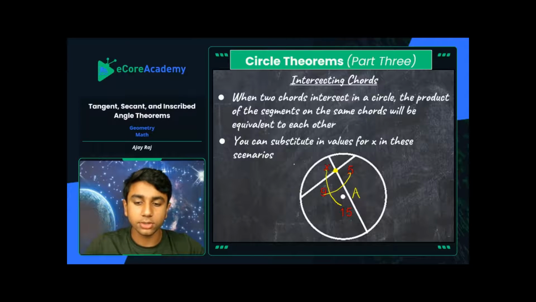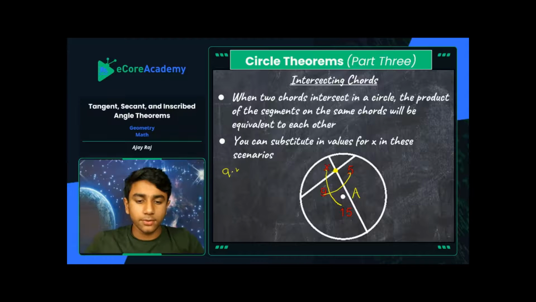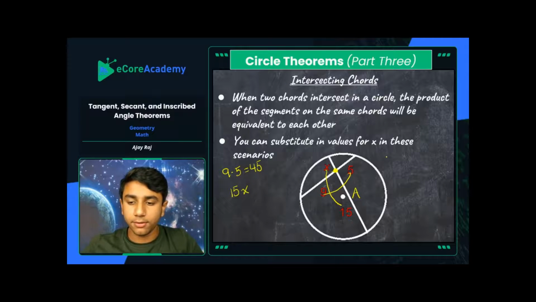So let's do that here. Since we have a variable, obviously we're going to be solving for x. We have 9 times 5, which equals 45. And then we have 15x. So those are the two multiplication sequences here. Now that we have that equation, we know that 45 equals 15x. We're going to divide both sides by 15, and we get that x equals 3.